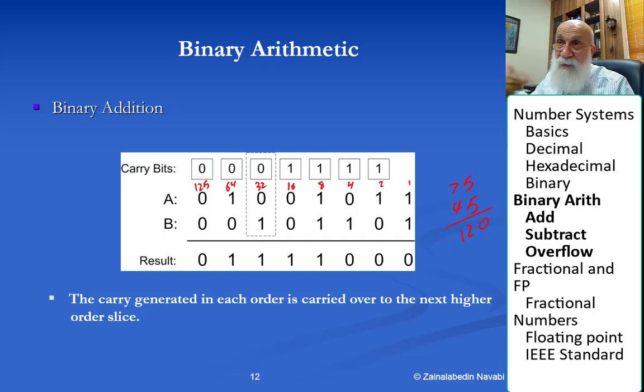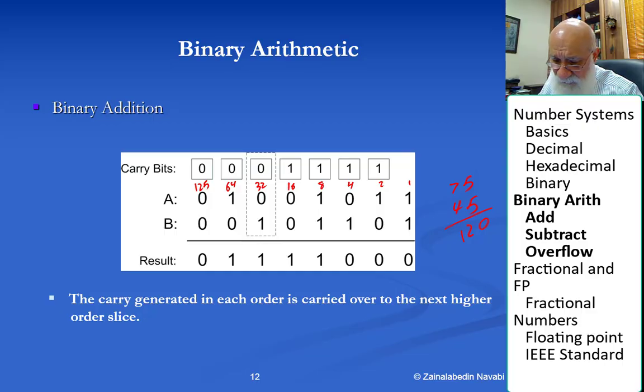If you add two decimal digits, the carry can be from 0 to 9, and so you add, let's say, 9 and 9. You add two digits, and then you have a carry into the next position, and so on. So let's do the binary. 1 plus 1 is 0, you have a carry of 1. 1, 1, 1 is a 1, carry of 1.